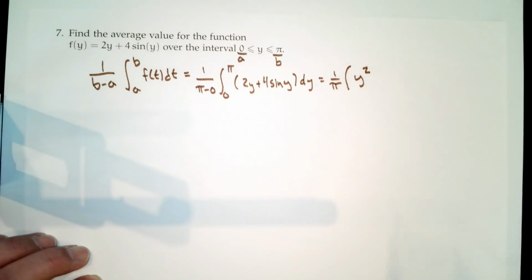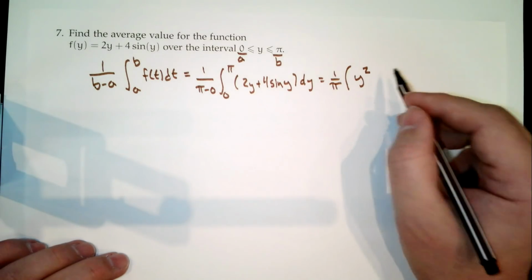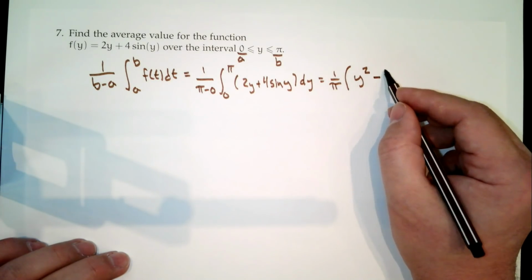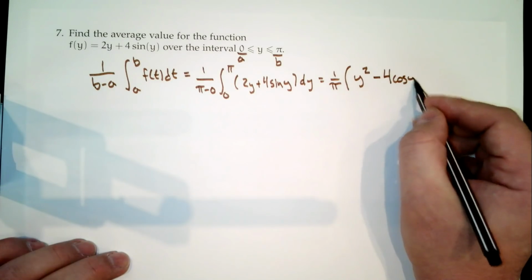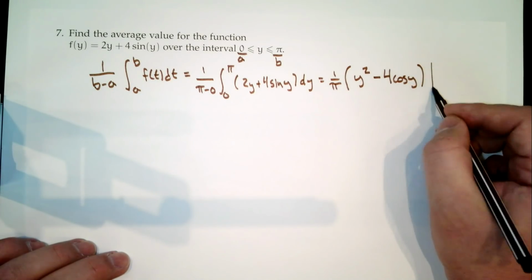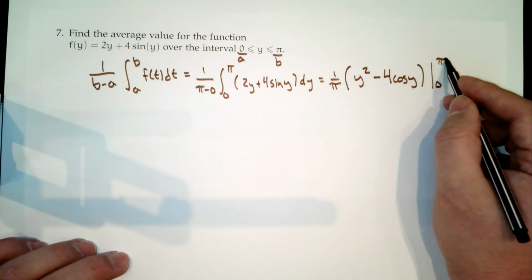What's the integral of 4 sine of y? Sine and cosine are a little tricky because they swap which one has the sign change. So the integral of sine is minus 4 cosine. And now I'm going to evaluate from 0 to pi.